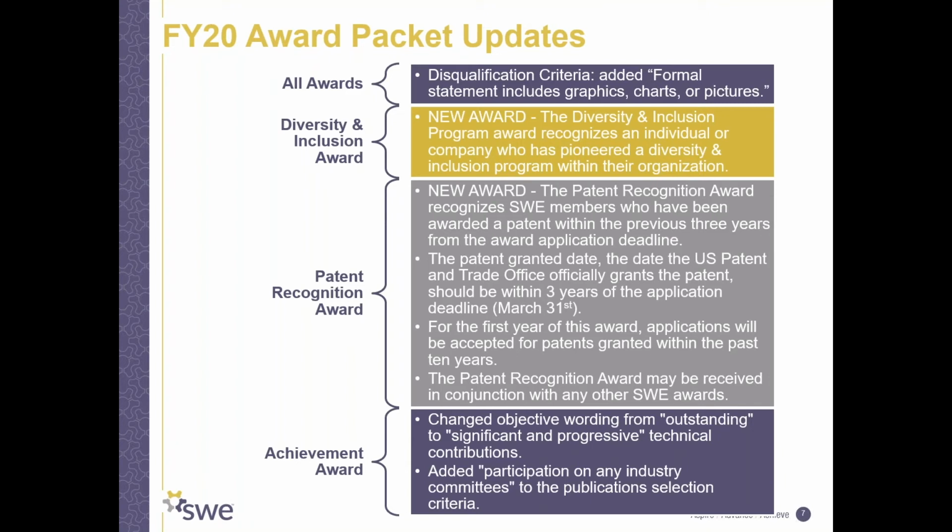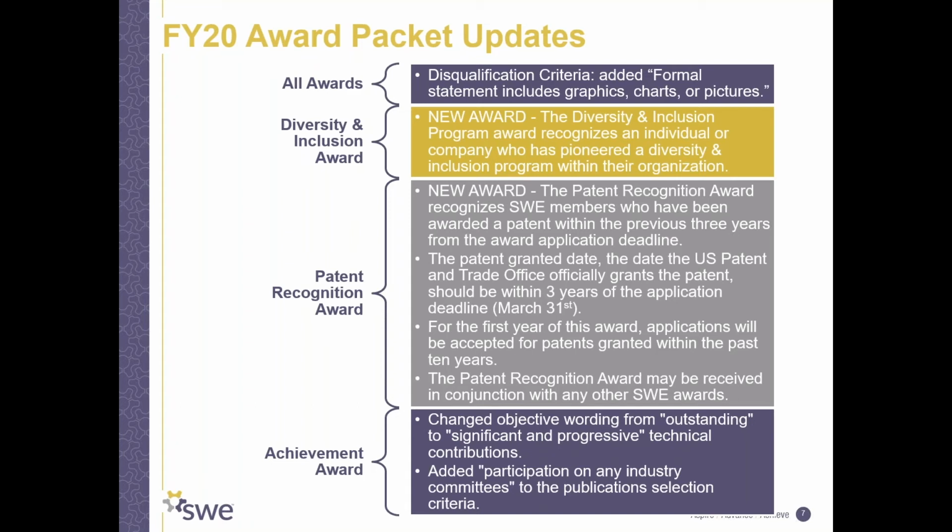The date we're using for that 3 years is the patent granted date, which is the date the U.S. Patent and Trade Office officially grants the patent. So this should be within 3 years of the award application deadline, which is March 31st.